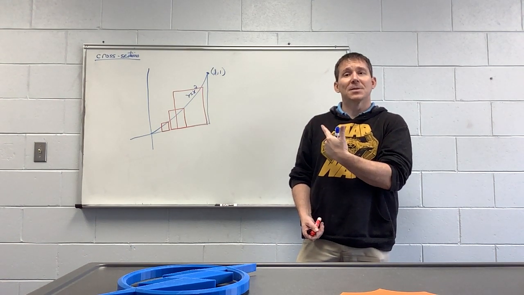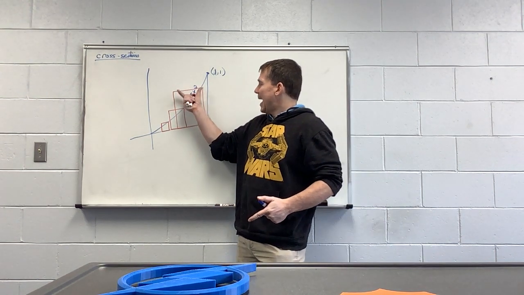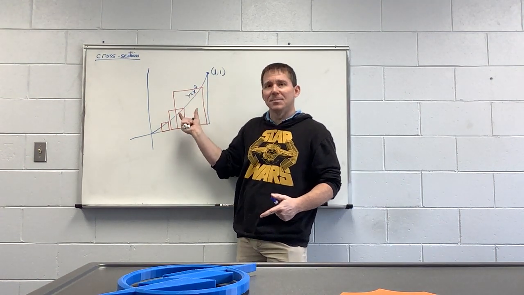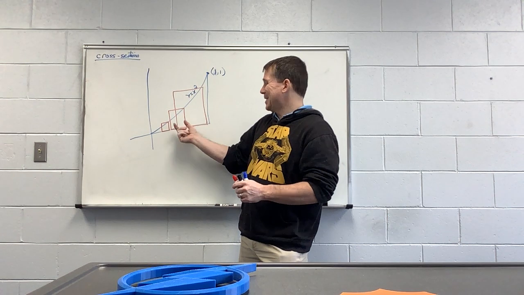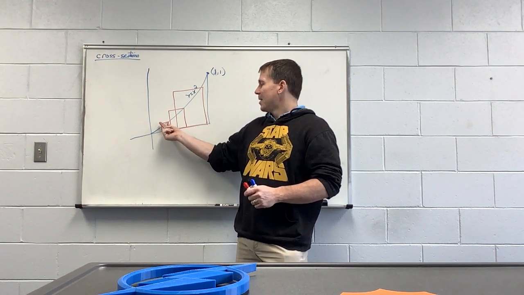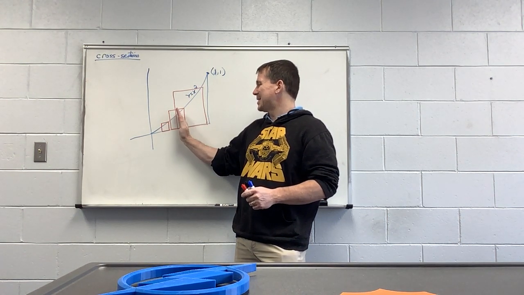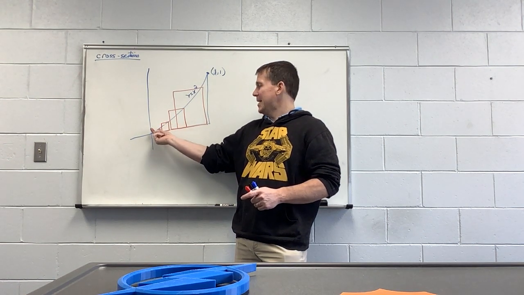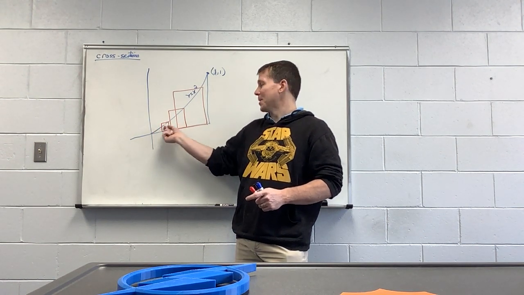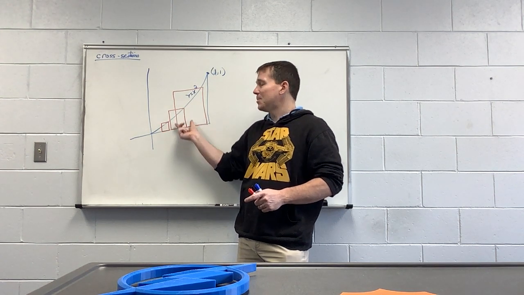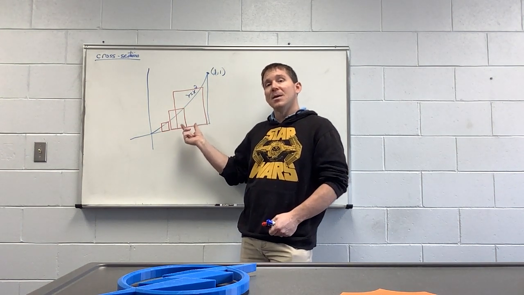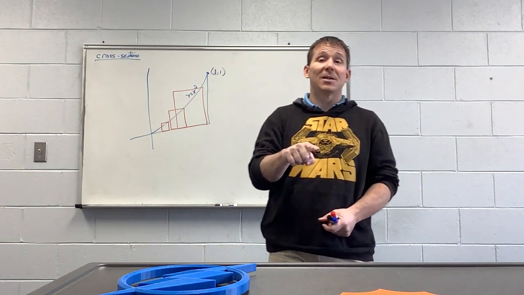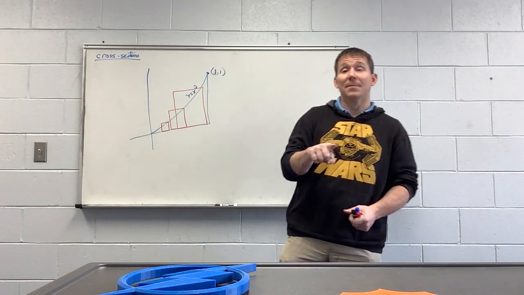I can use prisms. Here, I can use a few square prisms where, again, this is hard to see, but say this square prism I would make extend over to here to approximate the volume in this part. I would take another square prism and approximate this volume. I would take a different square prism to approximate this part. Then I could add up those square prisms and approximate the volume.